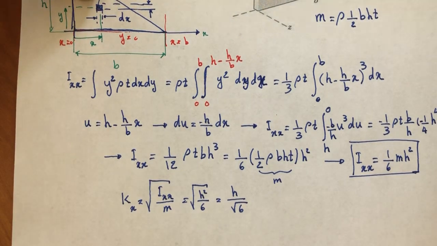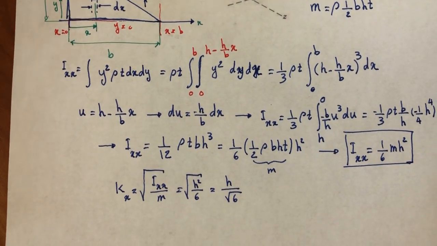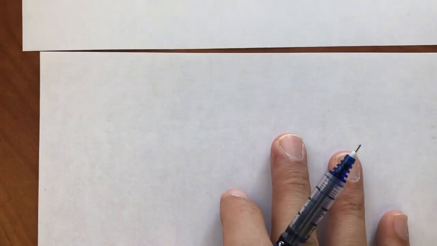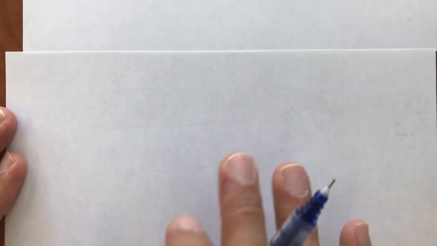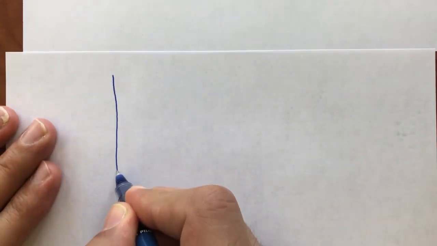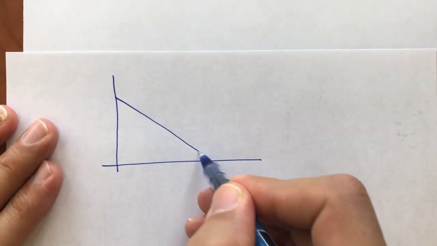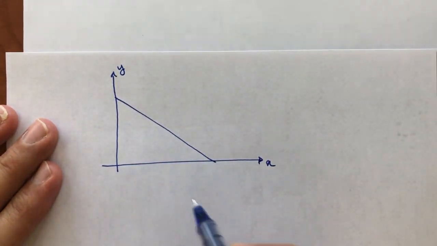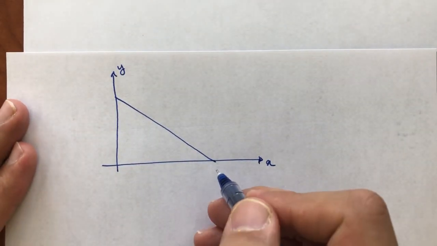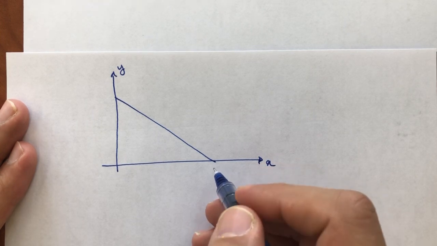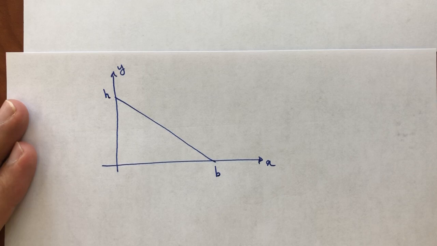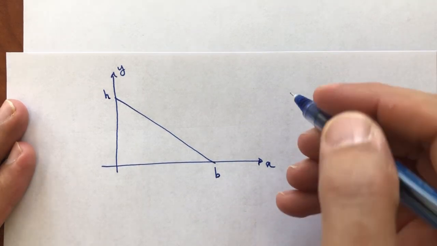Let's do another method. In the second method, for the same problem, I'm going to choose a different integral element. Again, let's say this is the triangle with base b and height h, and I want to find the mass moment of inertia about the x-axis.